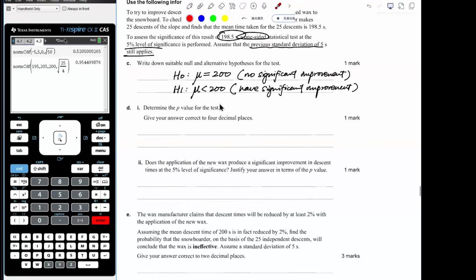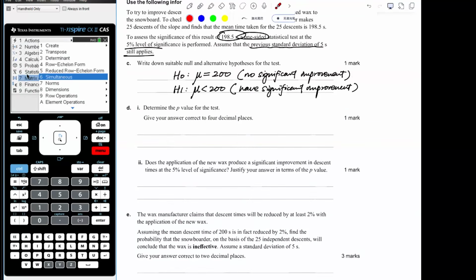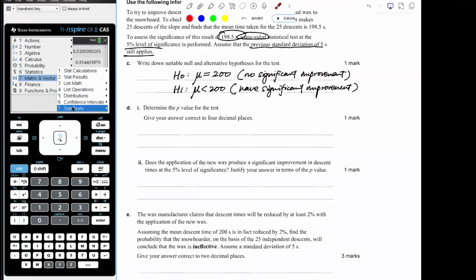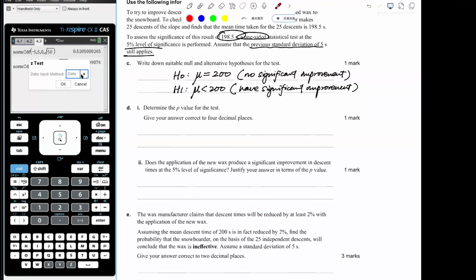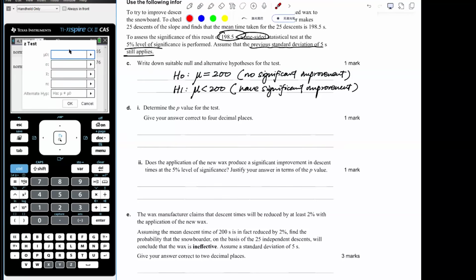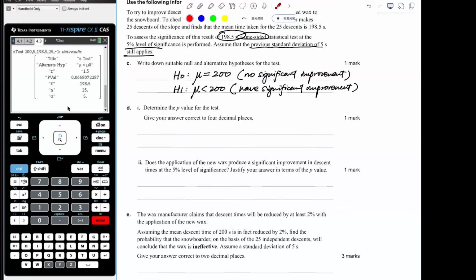So that's the logic. So the p-value can be calculated by statistics, stat test, z-test. Use stats. Okay, mu naught is 200, sigma is 5, x bar is 198.5, and n value is 25. This time I'm using mu less than mu naught. Press OK, Control Enter.